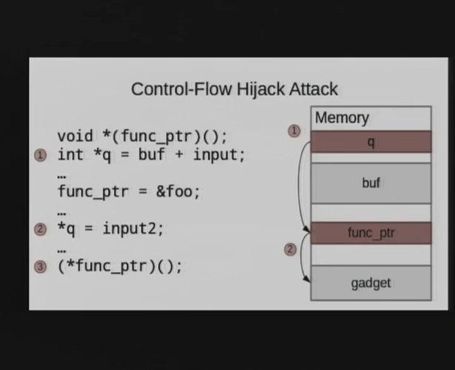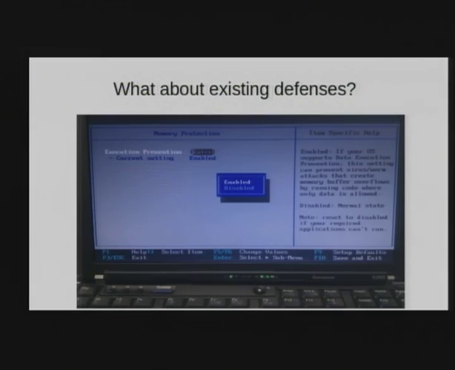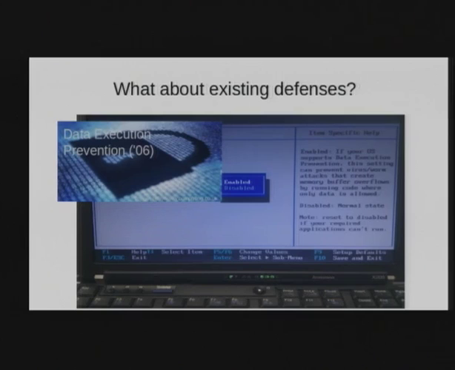So what about existing defenses that are out there? What do we have to protect our software against these kind of vulnerabilities? For one, there's data execution prevention, which was introduced in 2006, which roughly protects against code injection attacks. Before data execution prevention, attackers were able to inject new executable code into processes and then execute that code by redirecting the control flow to that injected code.